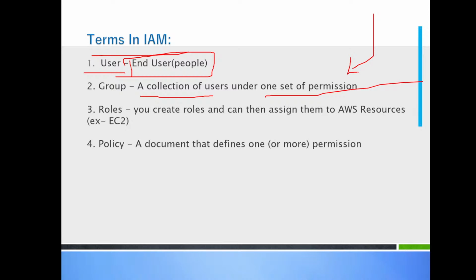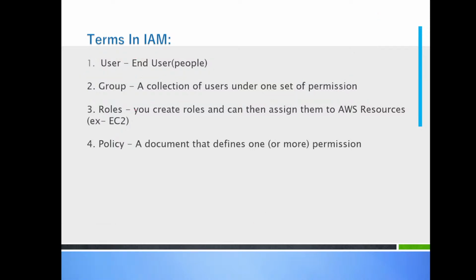So if you belong to that particular group, you will get additional permission. So why are these groups created? So that I don't have to create the policy again and again for an individual person. I will create a group, add a permission to that group, and add the user in that particular group. That's a collection of users under one set of permissions.